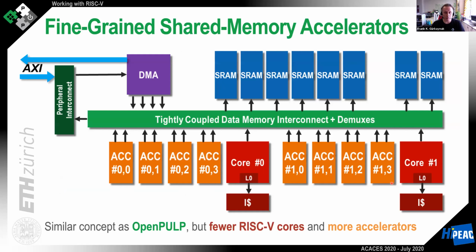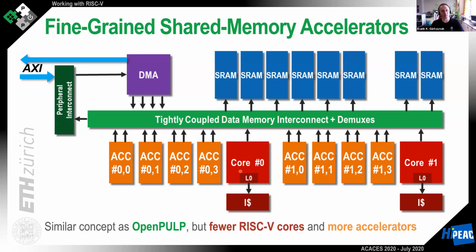So just to come back to these fine-grained shared memory accelerators, this is the basic idea behind what we have in that accelerator. It is the same architecture that Luca was introducing this morning. The one difference is instead of having many cores and one accelerator, there are actually here multiple accelerators and one core that does bookkeeping, keeping those accelerators configured, as well as doing some rarely needed functions like the sigmoid, for example, and augmenting the functionality.